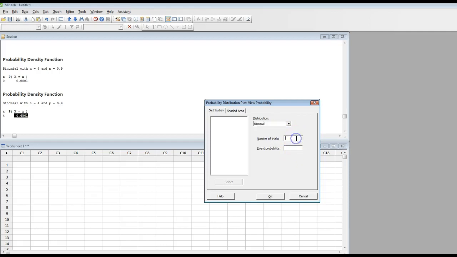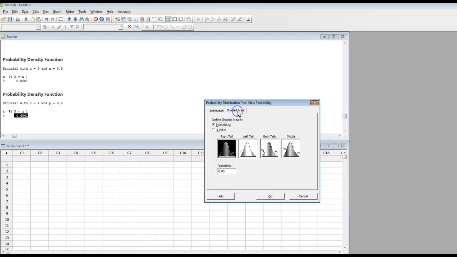Now the number of trials is 4. We could get the 4, or the 0 in our example. Let's get both. So the event probability is 0.9. Is that clear? And we're going to go ahead and do the shaded area. In this case, it has to be the middle because we're looking for exactly that x value. Let's start with 0.